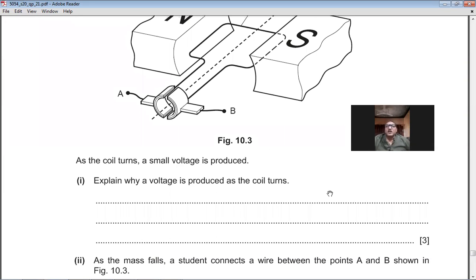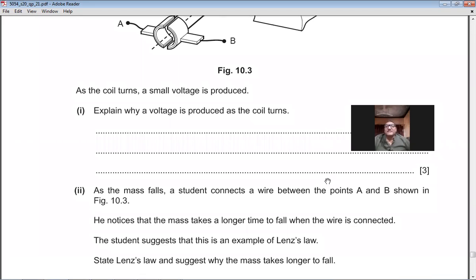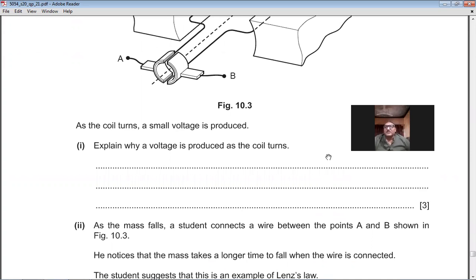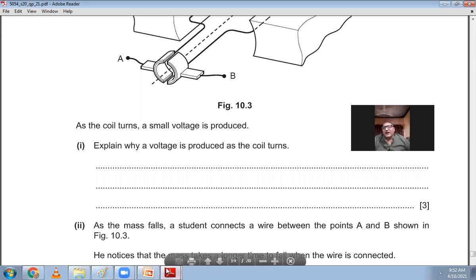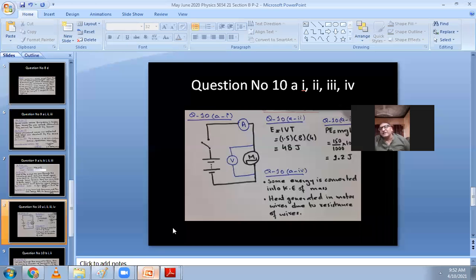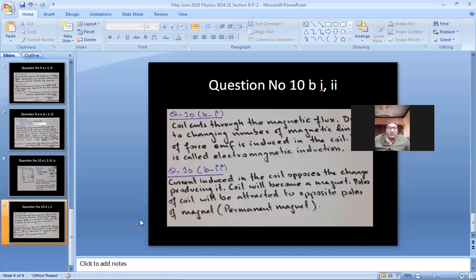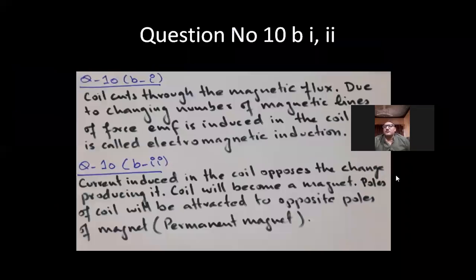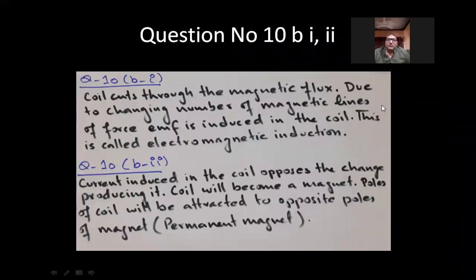Let me show, it's a 3-mark question. He says, explain why a voltage is produced as the coil turns. I have written this answer, then we will see the markings. Let me show you my answer, and then we will check the marking scheme.